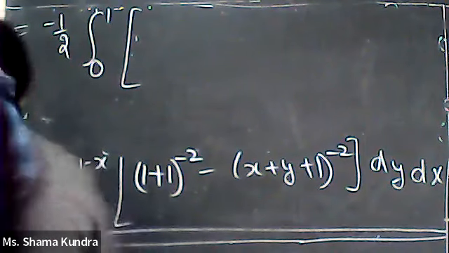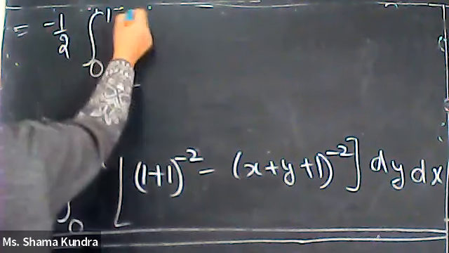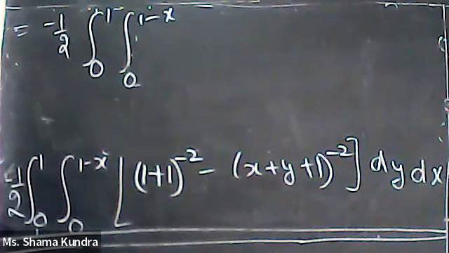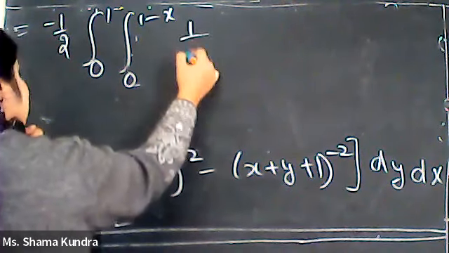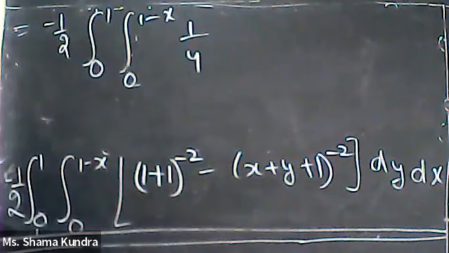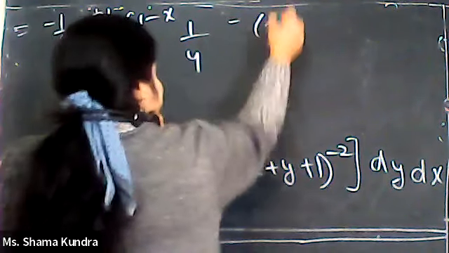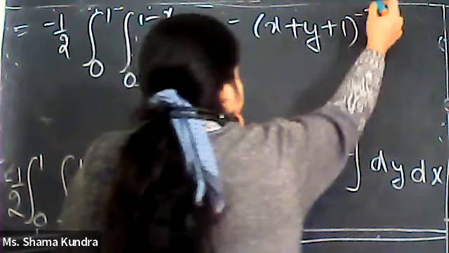First of all, I simplify this: 1 upon 2 squared, and 1 upon 2 squared is 1 by 4. As we have to integrate, we keep it in the numerator.